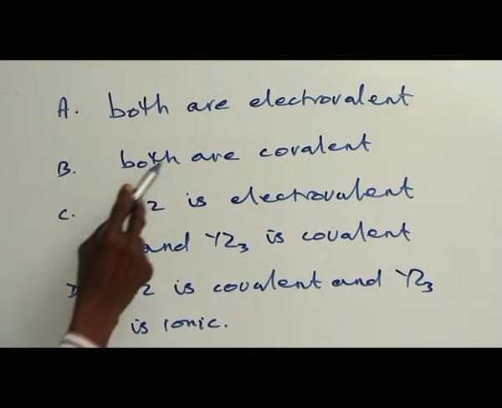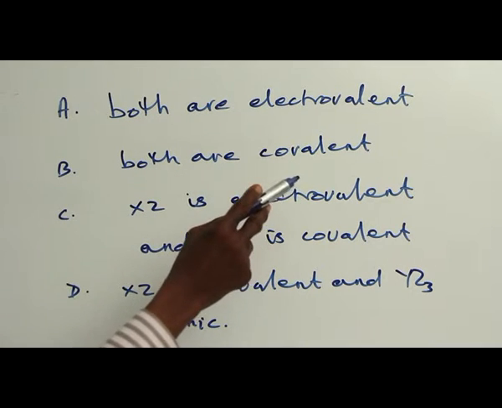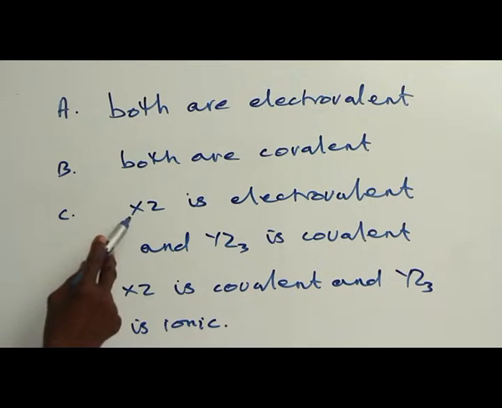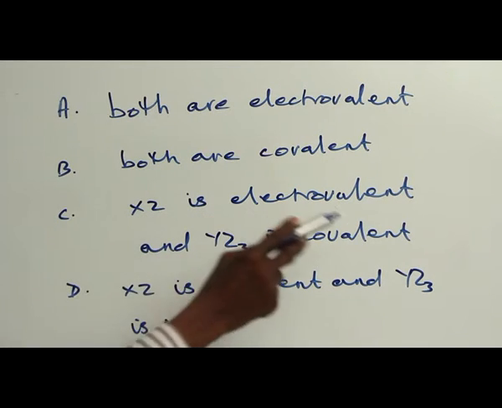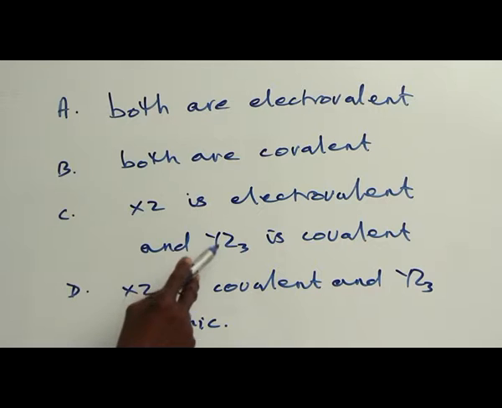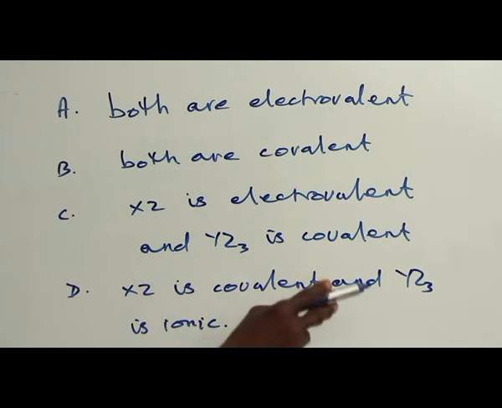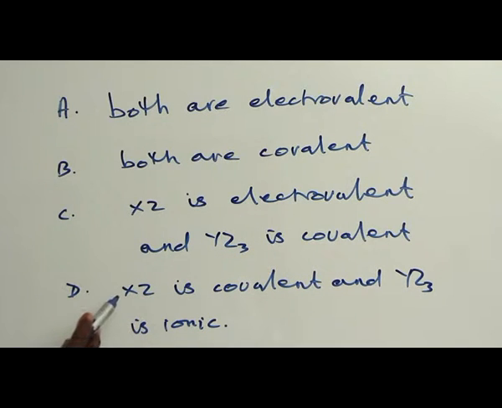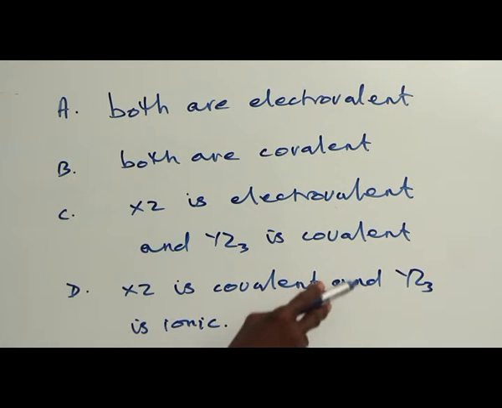B, both are covalent. C, XZ is electrovalent and YZ3 is covalent. D, XZ is covalent and YZ3 is ionic. Let's consider the options one after the other.